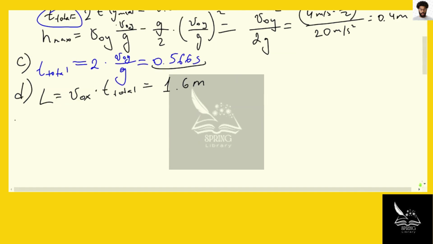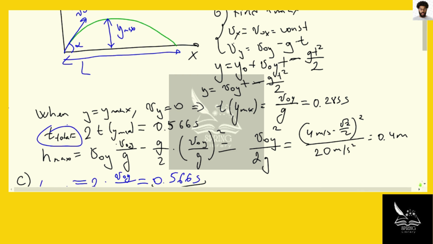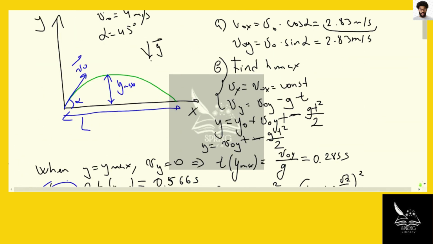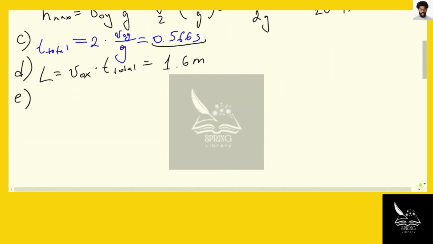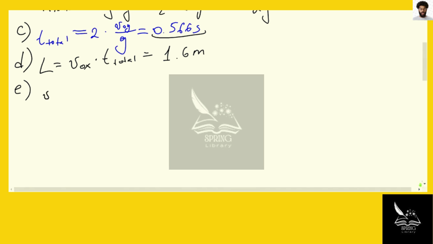So in the last part, we have to find the total speed of the ball when it meets the ground. In order to do it, we need to recall two equations. So first, the horizontal component doesn't change. But the vertical component does change.